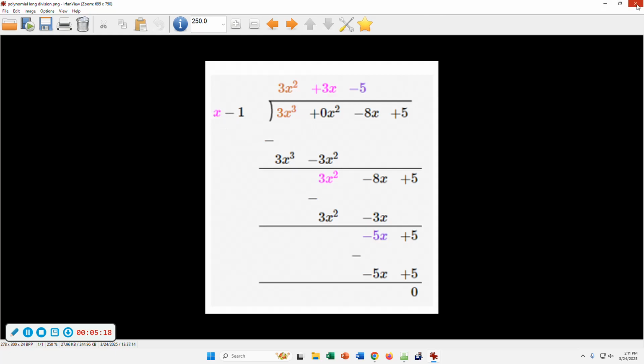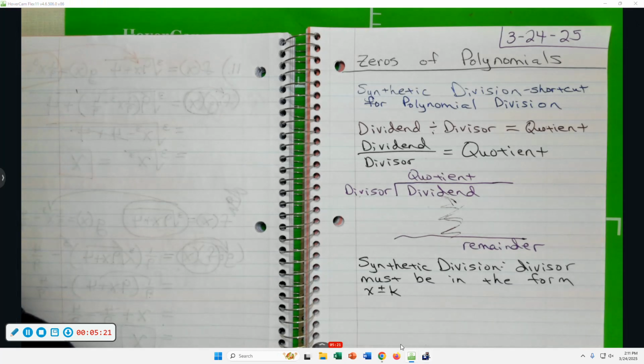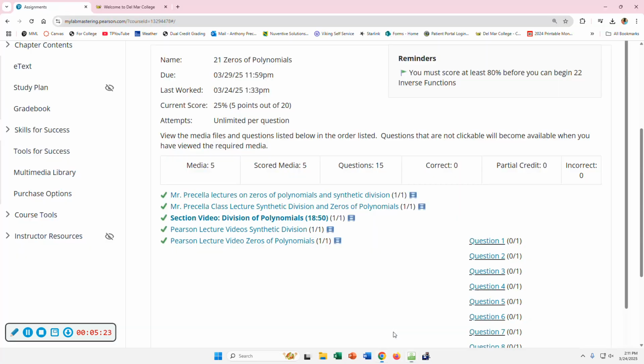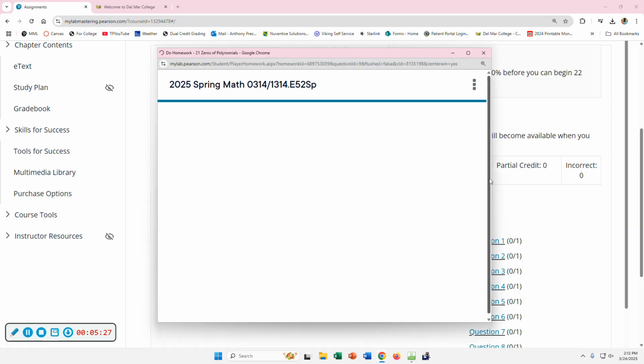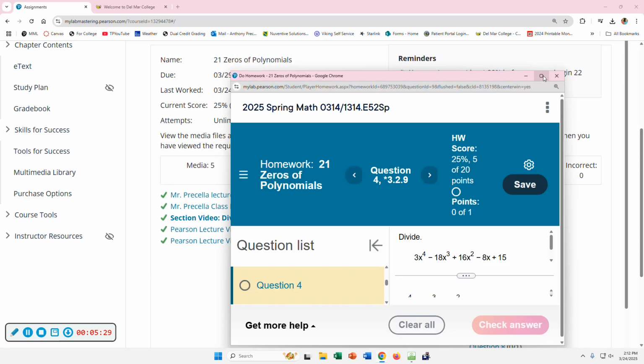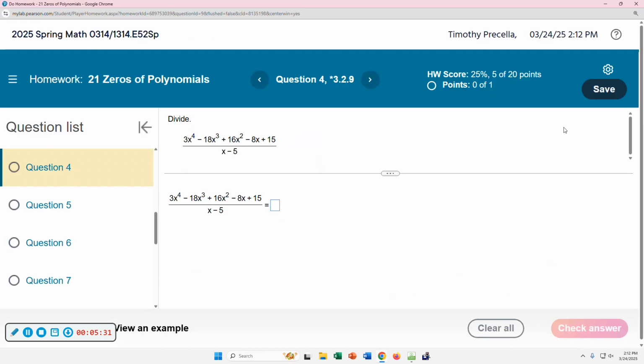To illustrate this, I think we'll just start with number 4. Let me write this problem down.